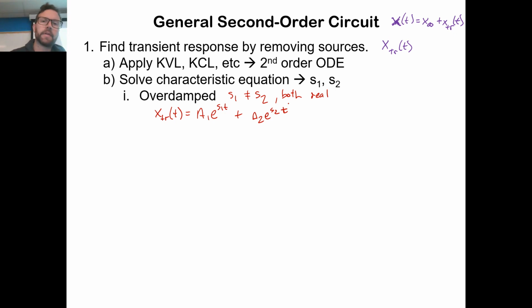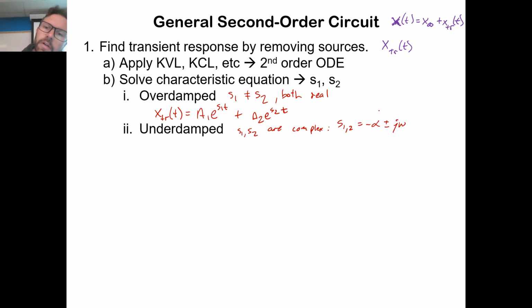All right, another possibility is that it's underdamped. In this case, S1 and S2 are complex, where S1,2 is equal to negative alpha plus or minus j omega. Now, this alpha value is different from the alpha values that you found in series and parallel RLC circuits.